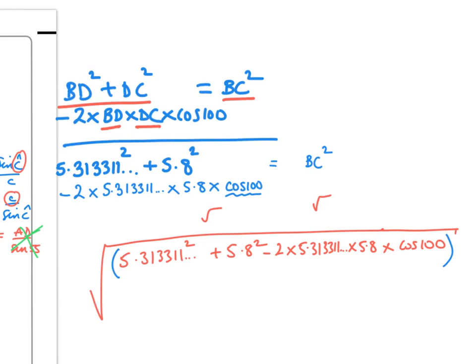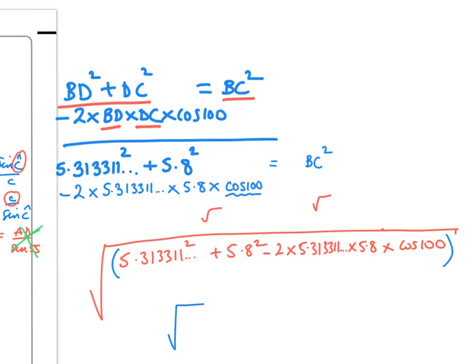Take away 2 times 5.313311, or the ANS part. I don't have to put the whole decimal in. As long as I've got 4 or 5 decimal places, that's enough for me. Times 5.8 times cosine 100, close bracket.